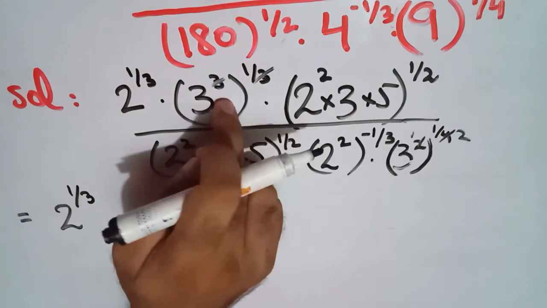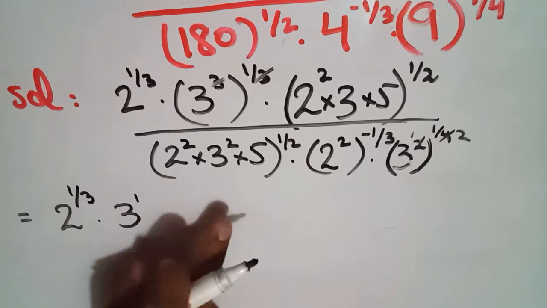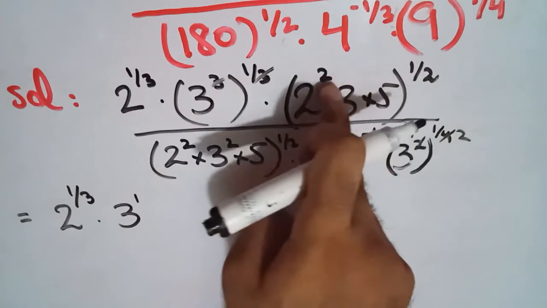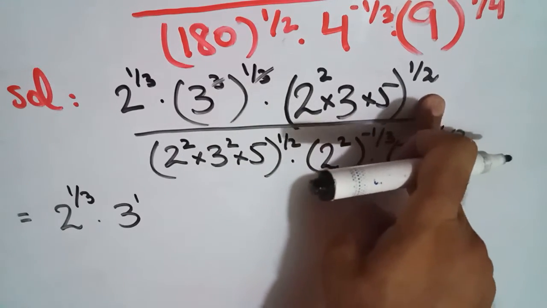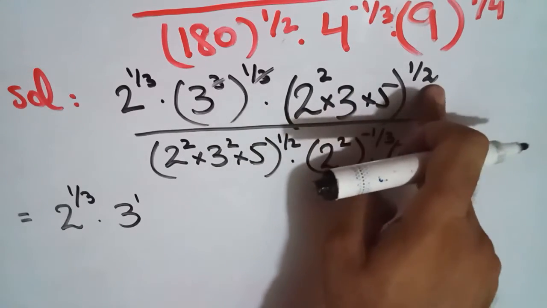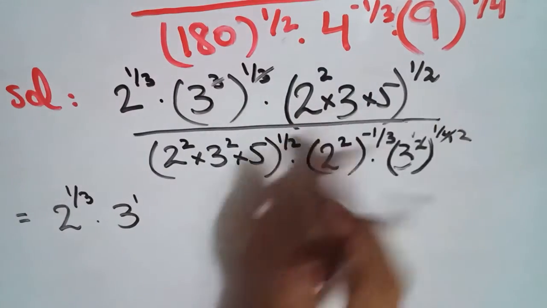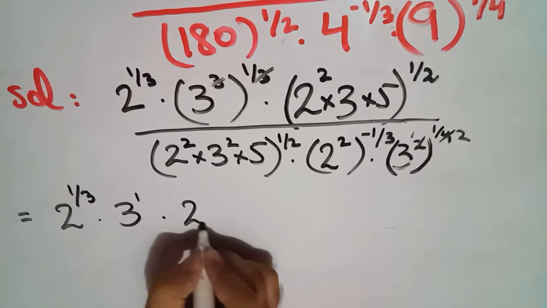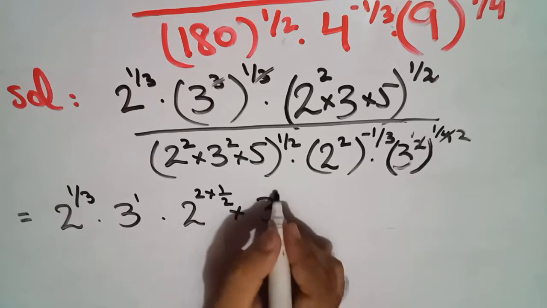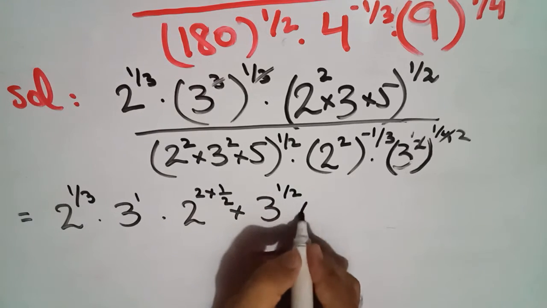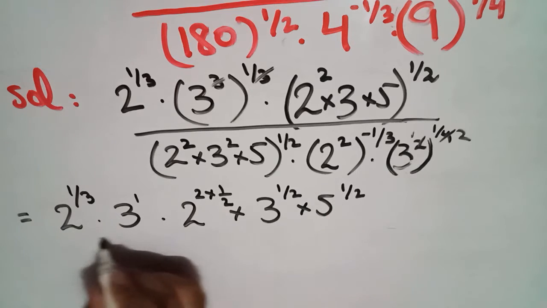Here 3 raised to power 1 is just 3. So this 2 will be cancelled with this 1, but it is the power of all the numbers, so both of these will contain this power. You can write 2 multiplied by 1 by 2, times 3 raised to power 1 by 2 and 5 raised to power 1 by 2.